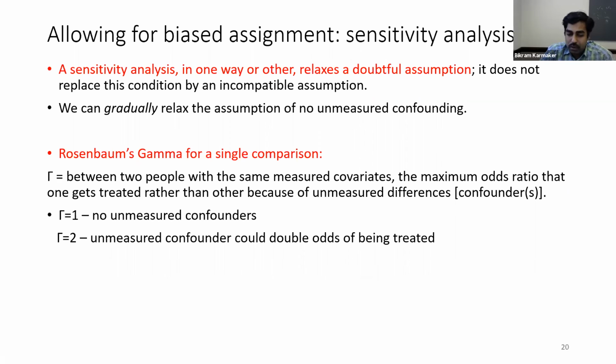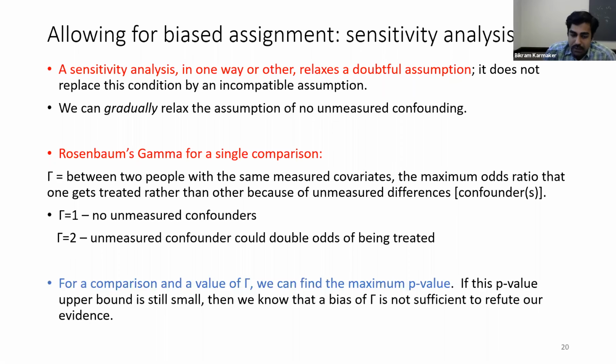Gamma equal to 2 would mean something similar to what I showed in the example, that one of them has double the odds of being treated just because that person has a higher or a lower value of the outcome. So measured covariates are not sufficient to explain gamma equal to 2.